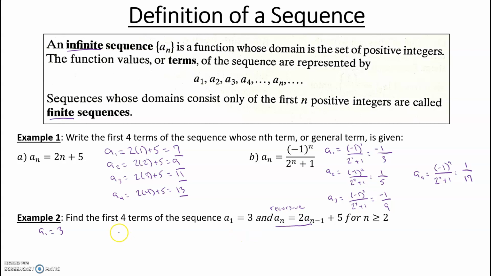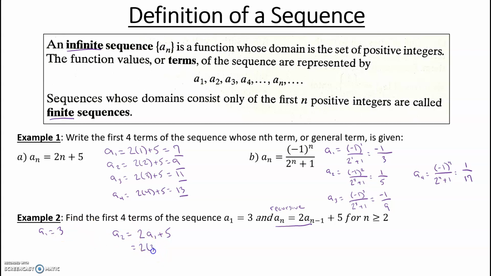So let's go ahead and get the second term. So our second term is 2 times a sub 2 minus 1, which is a sub 1. Oops, that's a plus. Try that again. Plus 5. So you have to know what the first term was, which luckily we do. We know the first term was 3.